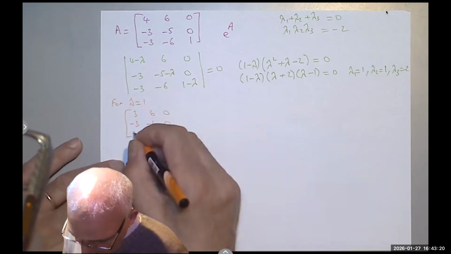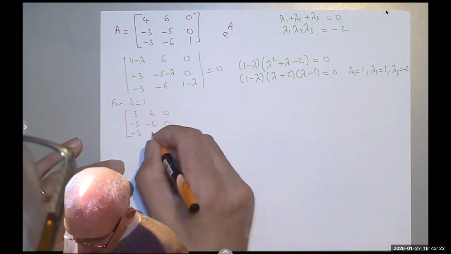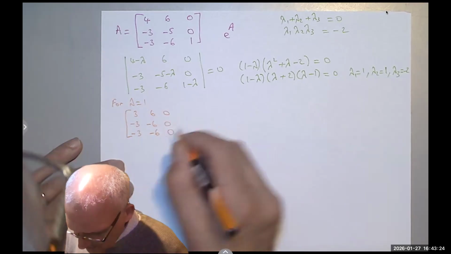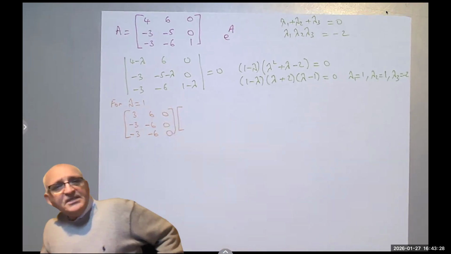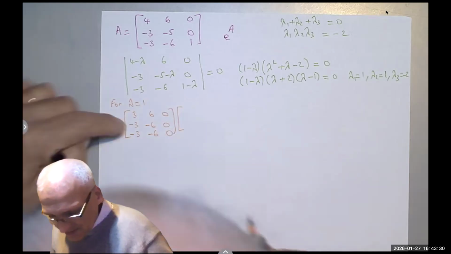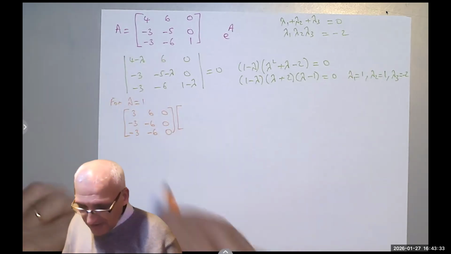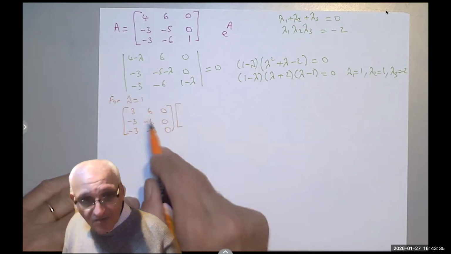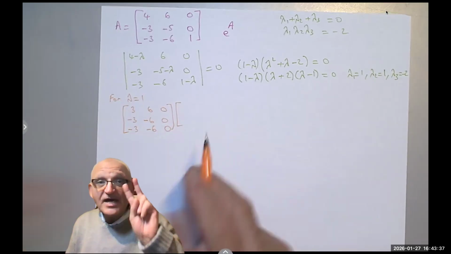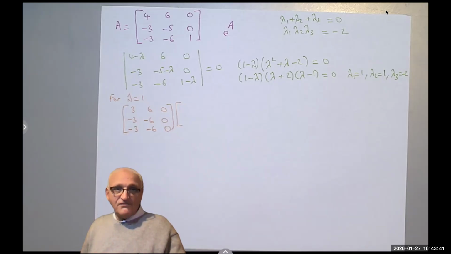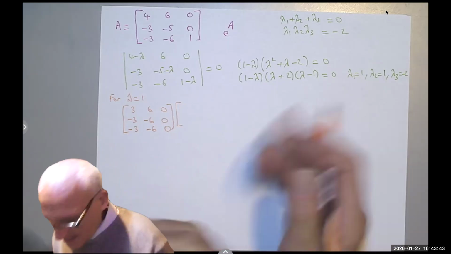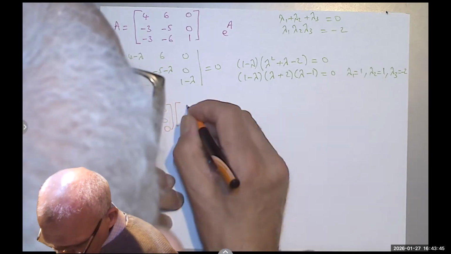And the third one will be -3, -6, 0. Wait a second. Wow. What is that? Meaning, if I add the second to the first and the third to the first, you'll get 3, 6, 0, 0, 0, 0, 0, 0, 0. So you have two dependent variables, meaning the null space would be 2.